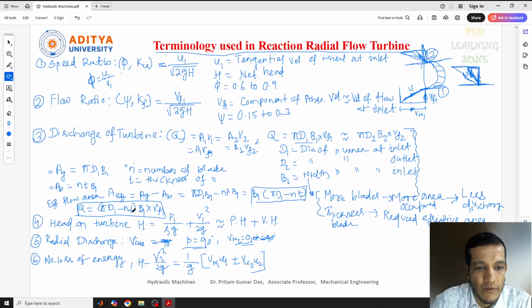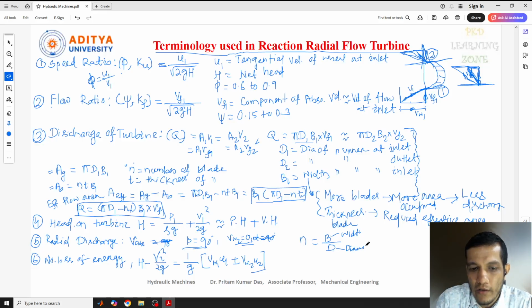One more terminology is there: n equal to B by D, the ratio of the width of the runner to the diameter of the runner.